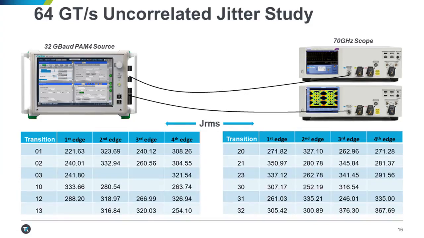All right, so this shows the general setup that was used. The Anritsu MP1900 BERT, 32 gigabaud PAM4 source connected to the Tektronix scope. Most of the work so far has been with very short channels. I think the next step is to look at up to 15 dB. We've done some internal work on this and expect reasonable results, but we will have more data on that soon.